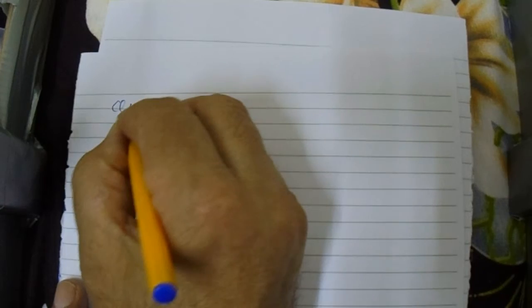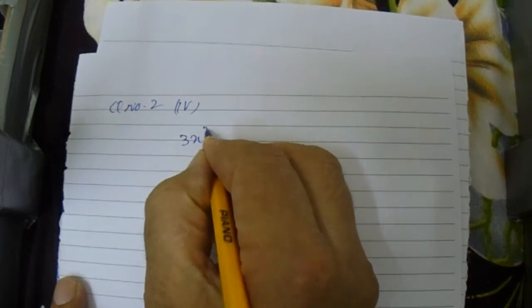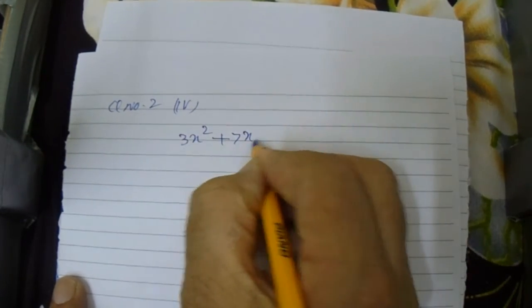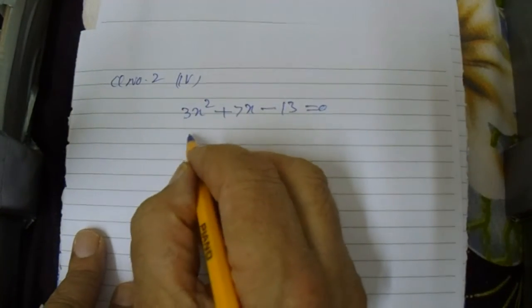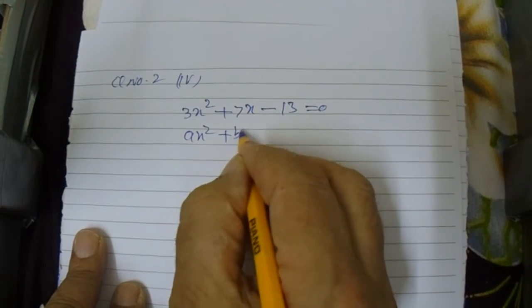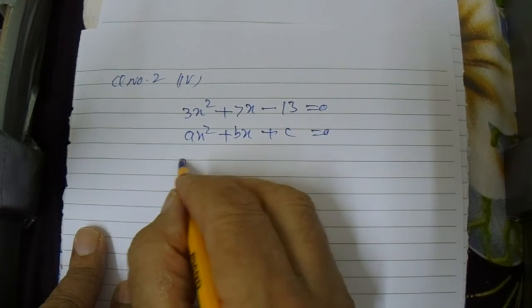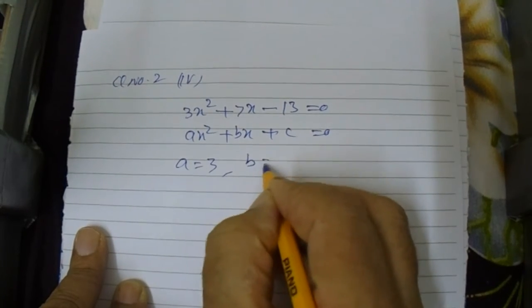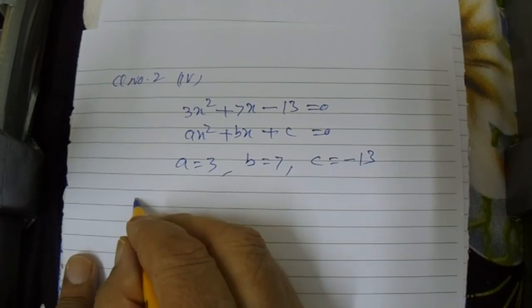Now I write the second question of this last question, question number 2, fourth part. Now the fourth part is 3x square plus 7x minus 13 is equal to 0. Now here ax square plus bx plus c is equal to 0. Compare these two equations. We get a is equal to 3, b is equal to 7 and c is equal to minus 13. Now we find the discriminant.